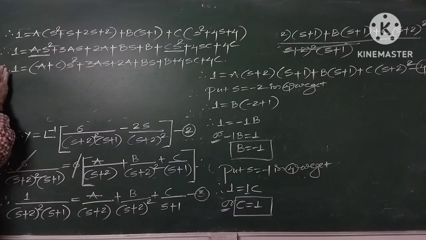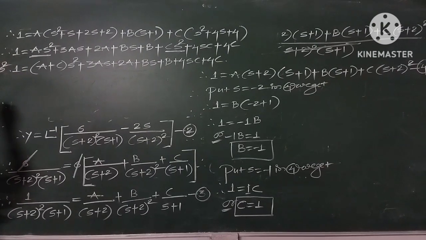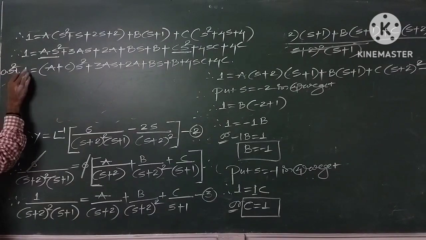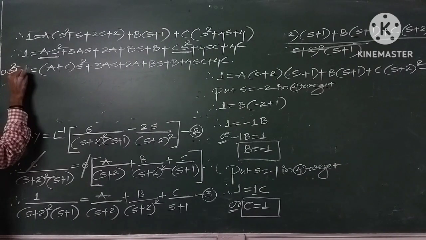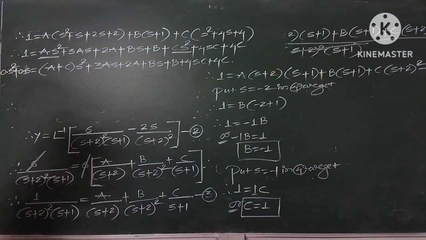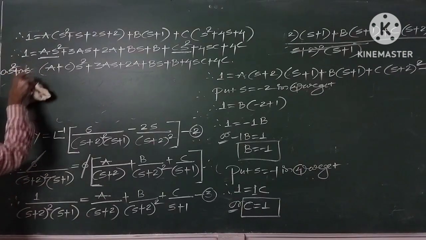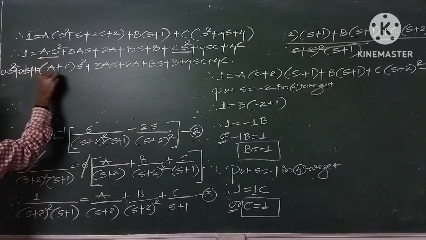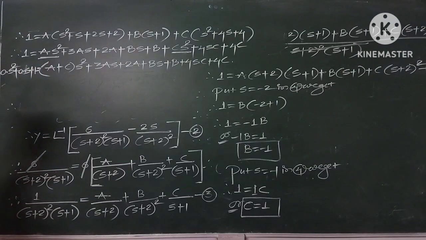So therefore this 1 you write as 0 into s square, plus 0 into s, plus 1 is equal to these all things.